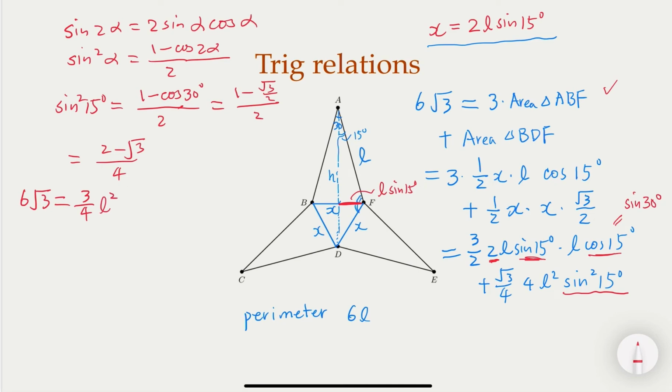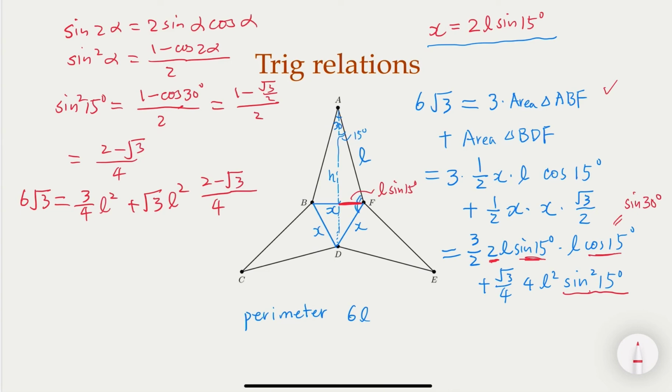The second part has square root of 3, and here we replace sine squared with the expression 4 over 2 minus square root of 3.